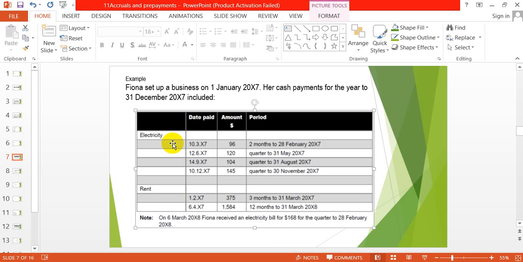So we see that this payment was made for expenses in our current reporting period.